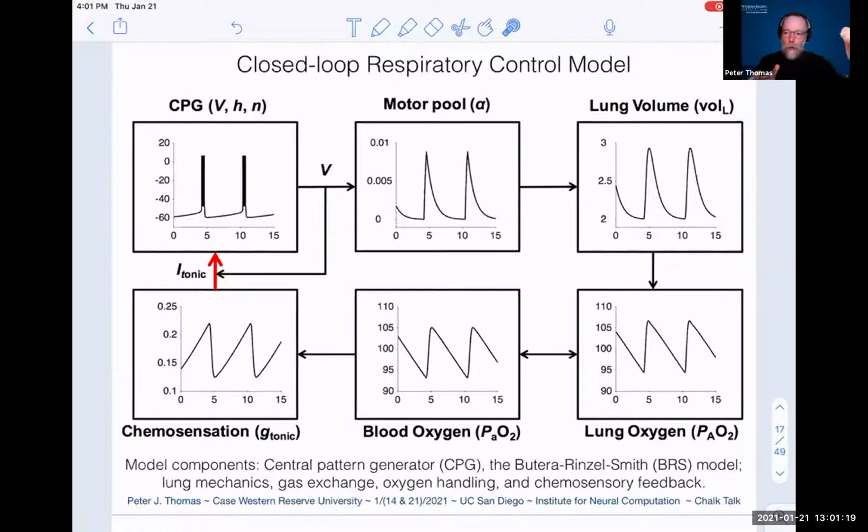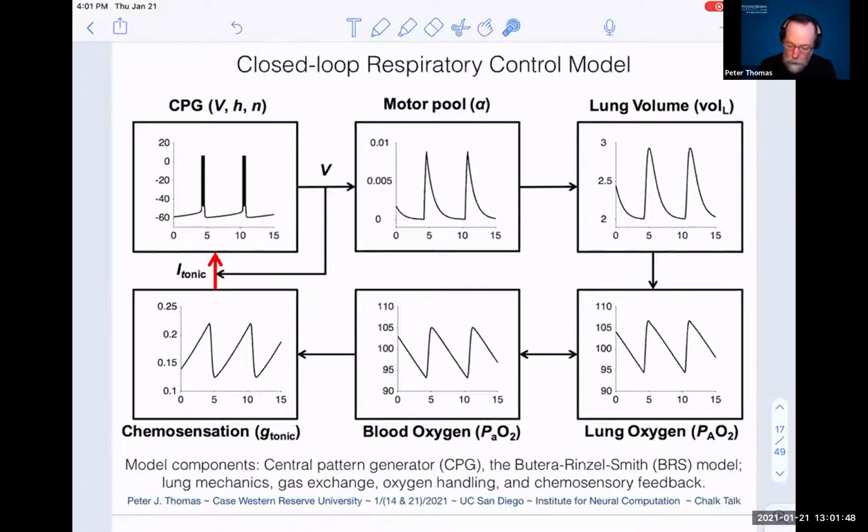When you're doing that, fresh air comes in and mixes with, we just assume it's well mixed, which of course is a terrible assumption, but we're trying to keep things simple. So you have the gases mixing in the lungs. The oxygen in the lungs transfers through the walls of the alveoli into the blood, so some of the lung oxygen goes into the blood oxygen by a diffusive process.